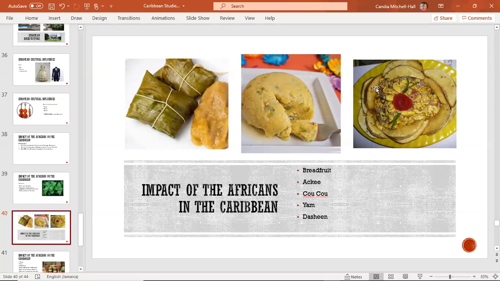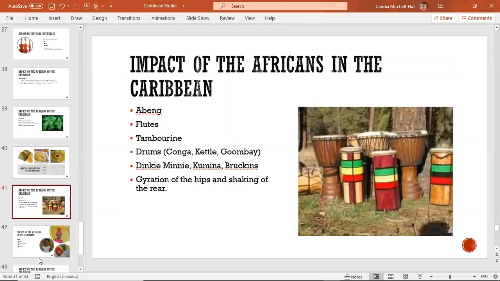And ackee actually came from Africa, not the saltfish. Ackee came, the breadfruit. So most of our meals that we have today have some form of African links to it, especially the yam. Impact in the Caribbean today.